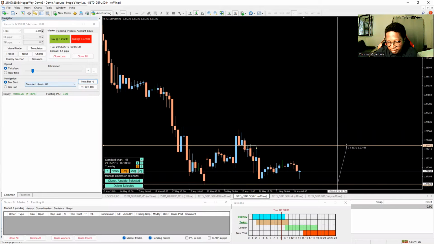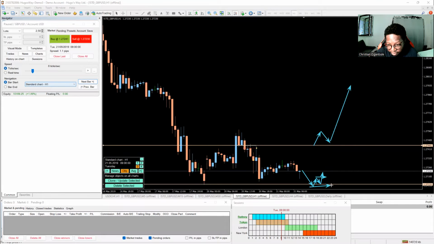Now, what is the size of this range? The size of this range is 30 pips, right? So remember, the whole idea is, if I'm going to take buys, hold above. But if price begins to show some sort of bullish nature from here, this is highly risky, but one could play the range to the upside. Because the range is already established on the 4-hour time frame, in a range situation, the idea is to buy support or sell resistance.